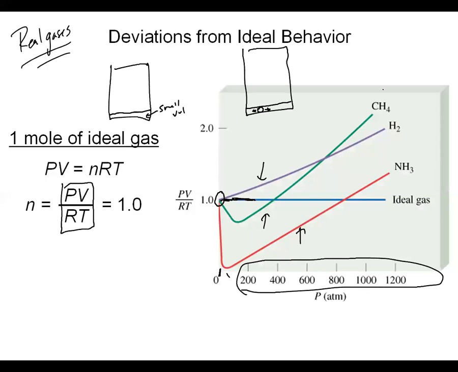In the ideal gas situation, the volume of the gas molecule is not that big of a deal. But when we're only talking about this much volume, the actual gas molecule's volume itself does need to be taken into account.